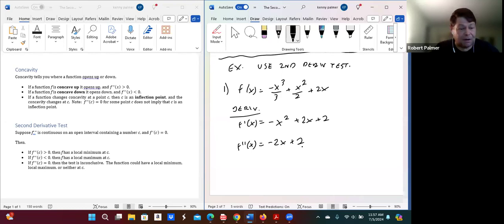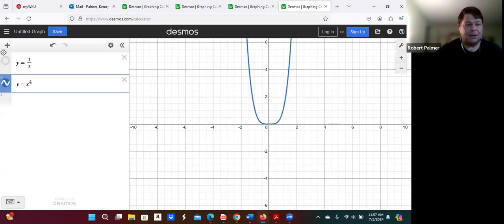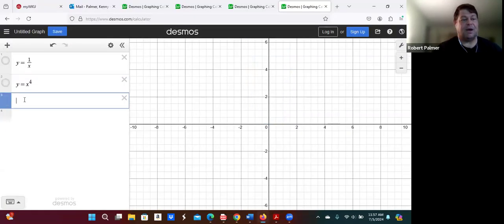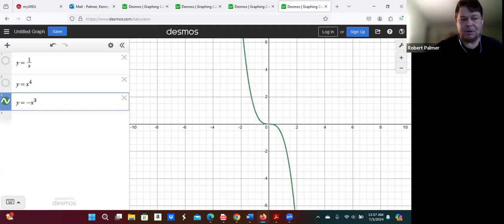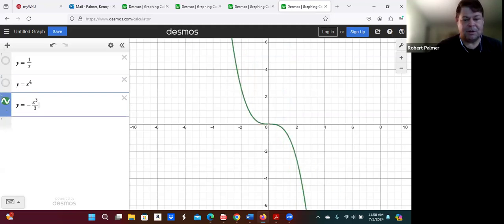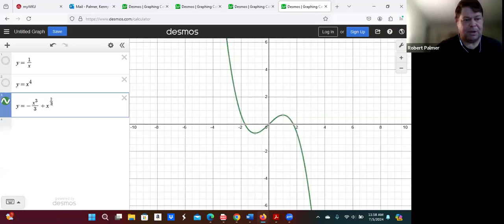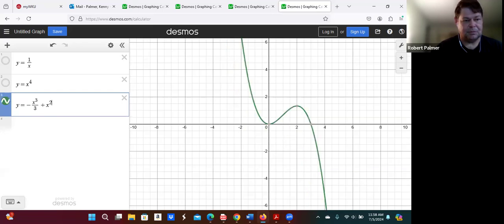Now we also need our critical points, because remember, a critical point is a place where the first derivative is equal to 0. Actually, let's go ahead and graph this function first and take a look at it. So let's graph y equals negative x cubed divided by 3 plus x squared divided by 2 plus 2x.